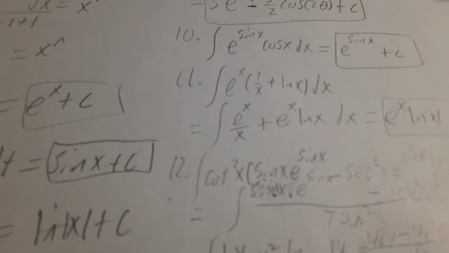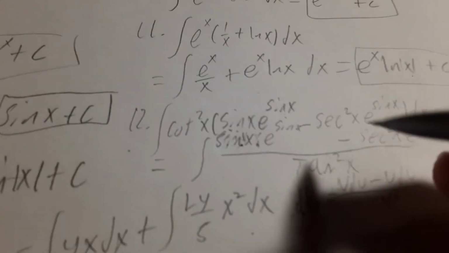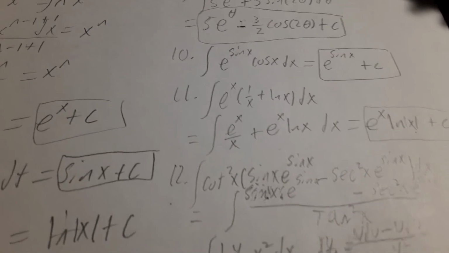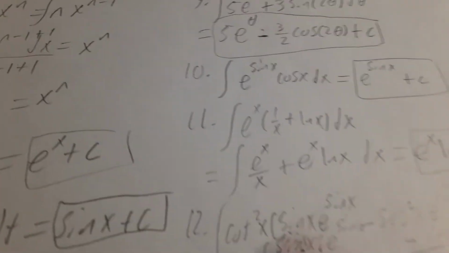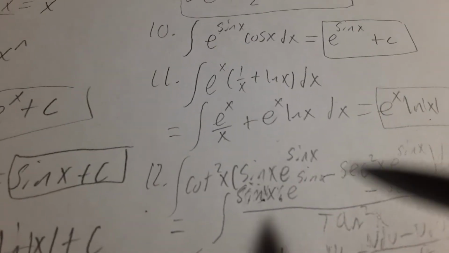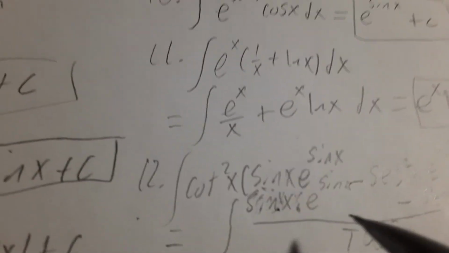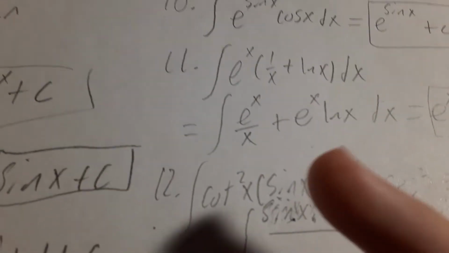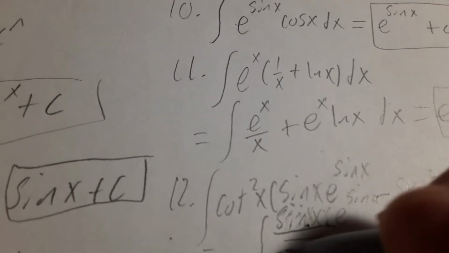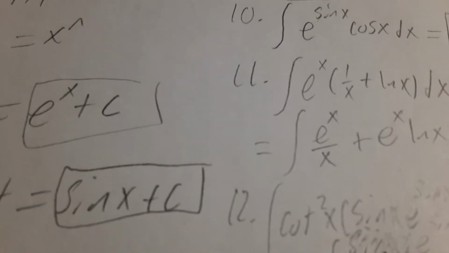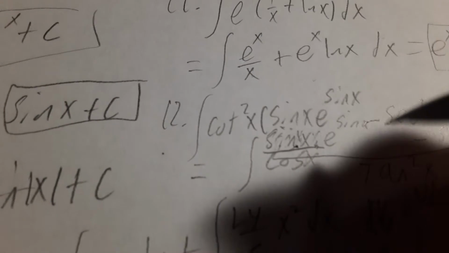So we see that tangent is squared. So we can assume that that's our high. Or no, that's our low. What's our high though? We want to show that this is in the form of low d high minus high d low. So how can we write this as low d high minus high d low? I'm going to multiply this term right here by cosine x over cosine x.